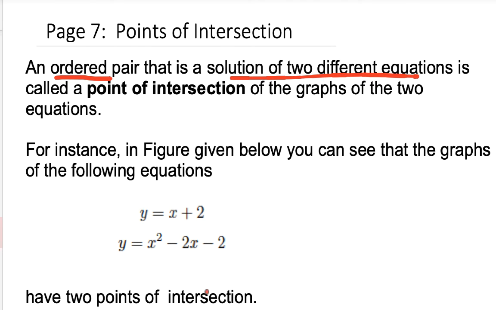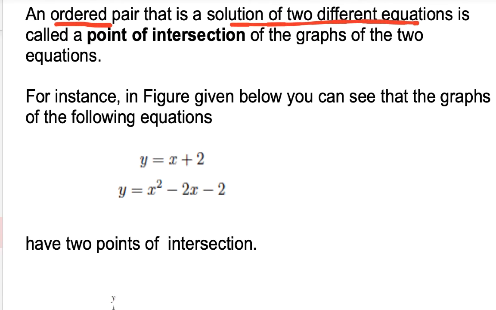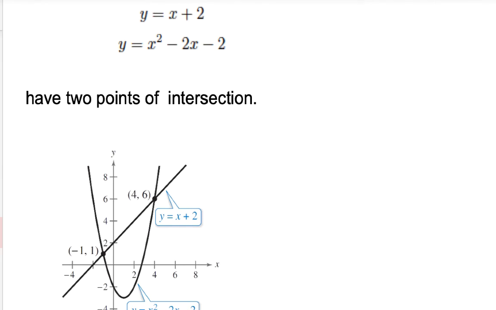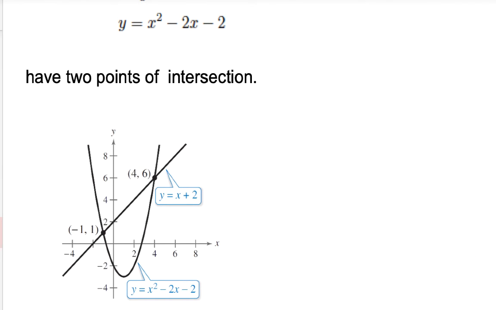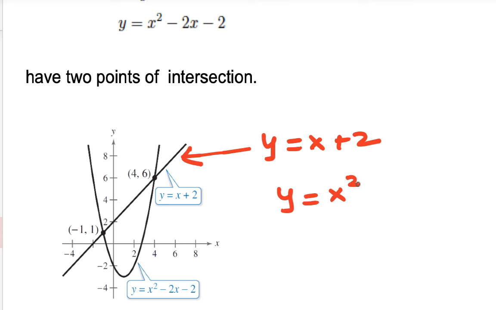For instance, in the figure given below, this graph represents the two equations y equals x plus 2, which is basically the equation of a line, and the second one is y equals x squared minus 2x minus 2. Both these graphs are represented on the same xy plane, and we would like to know what is the point of intersection.